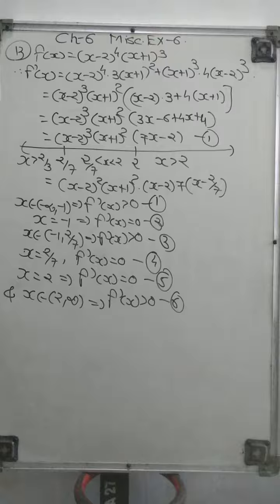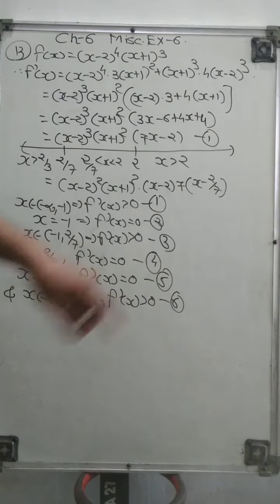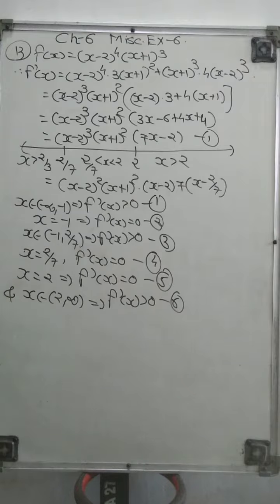First of all we take x belongs to (-infinity, -1), then f'(x) is greater than 0. At x equal to -1, f'(x) is 0. For x belongs to (-1, 2/7), f'(x) is greater than 0. So from 1, 2 and 3, x equal to -1 is a point of inflection. At x equal to 2/7, f'(x) is 0, at x equal to 2, f'(x) is 0, and for x belongs to (2, infinity), f'(x) is greater than 0.